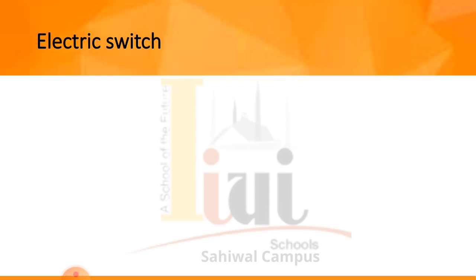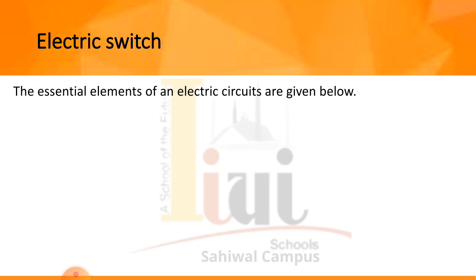Electric circuit of a torch, which describes the electric circuit in a torch having a slide switch. We can have an example of a slide switch and also an electric circuit of a torch. So the essential elements of an electric circuit are given below.